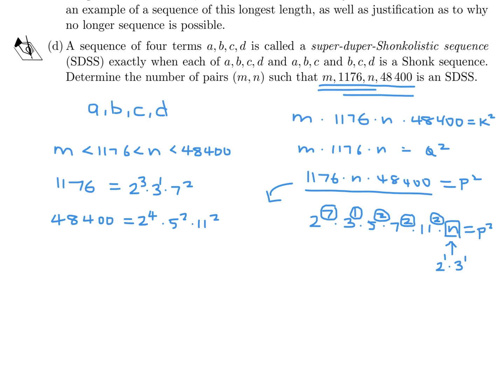And then the rest of the n has to be a perfect square. I don't know what the rest of the n is, so that means this is 6t squared, right? That 6t squared has to satisfy the criteria for n, which is that it's got to be in between 1176 and 48400.